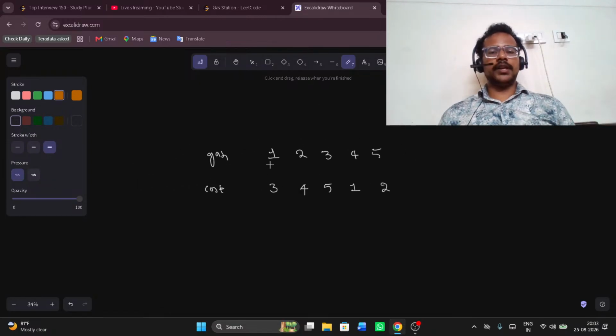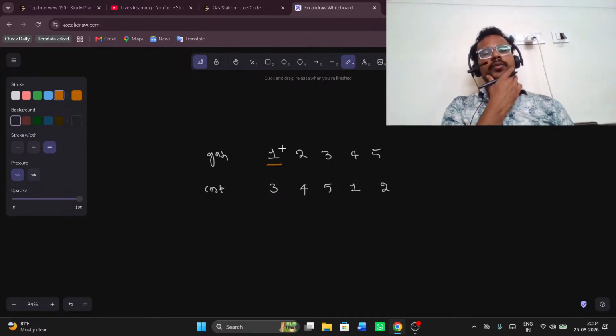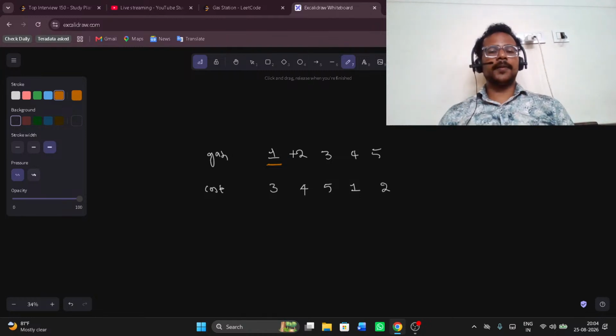I will fill 1 unit of gas, not petrol, gas. So I fill 1 unit of gas, but the cost to move to the next station is 3.